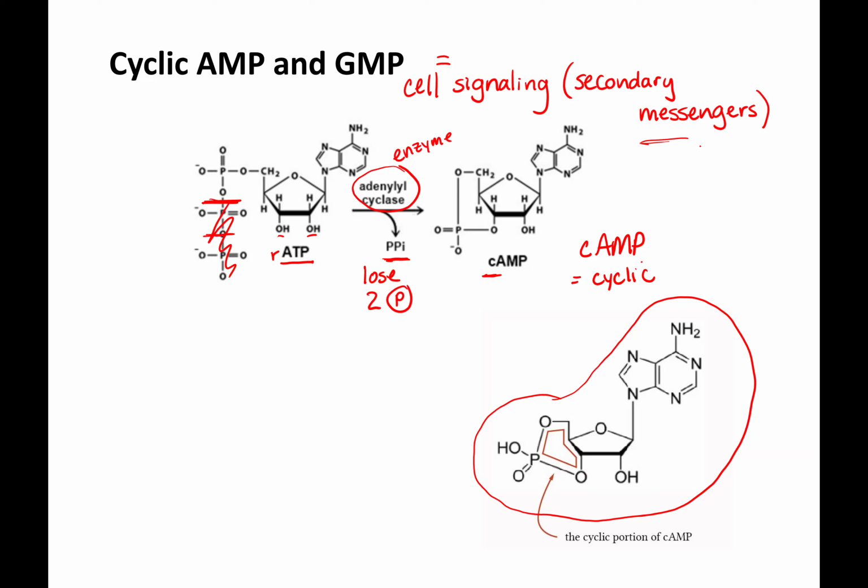Cyclic GMP is made the exact same way. You take GTP. The enzyme this time is called guanylyl cyclase, and it makes cyclic GMP.